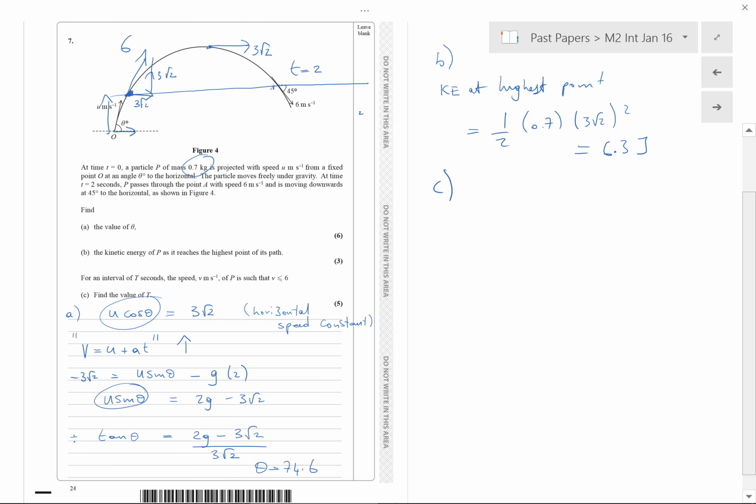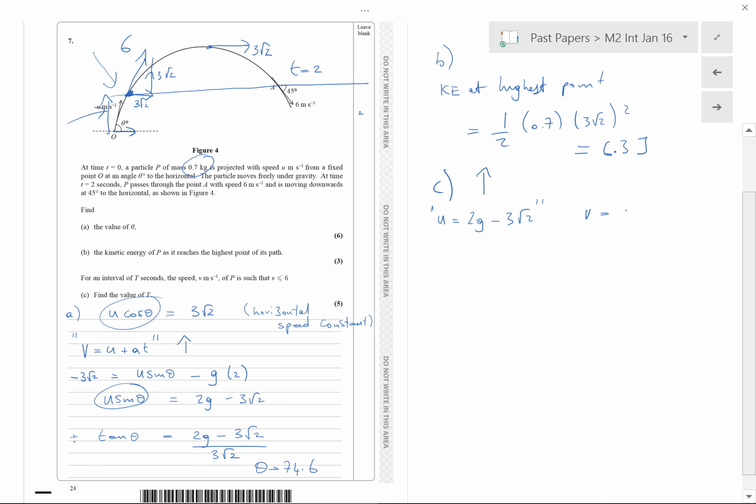I don't think this is going to be too bad, because all we have to do is find t at this point here. What do we know? As we've said here, u is equal to u sine 30, which is equal to 2g minus 3 root 2. What I mean by that is our initial velocity, because we're going vertically.